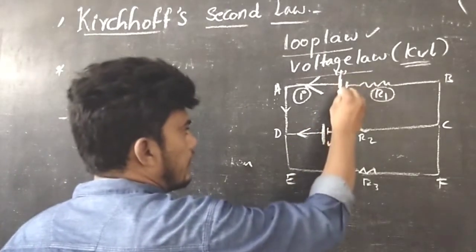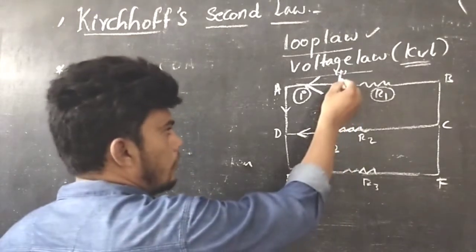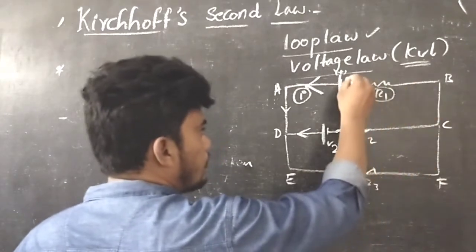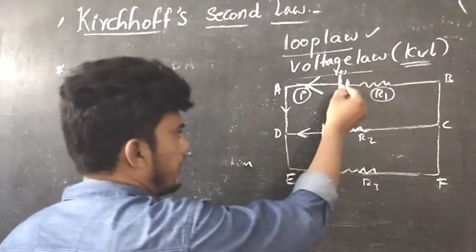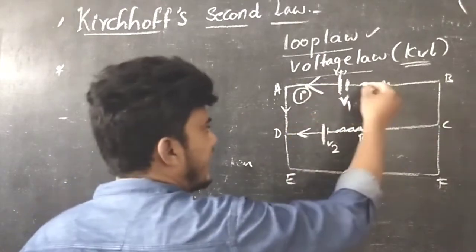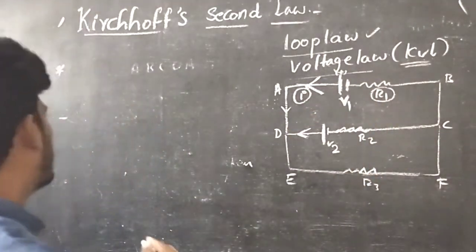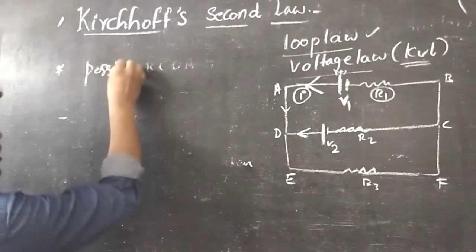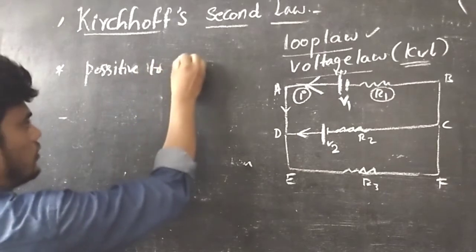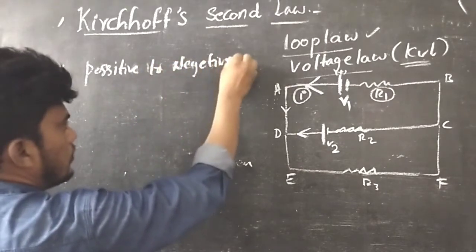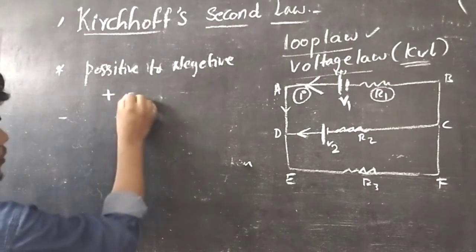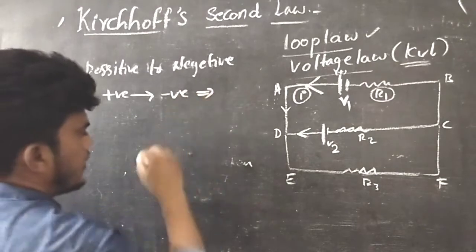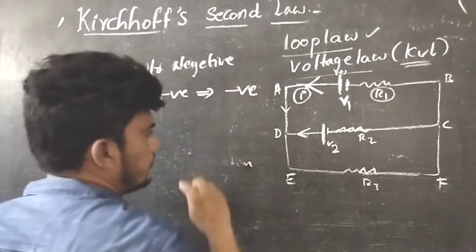When the current goes from the positive pole of the battery to the negative pole of the battery, meaning the direction from positive to negative, then it is taken as negative.